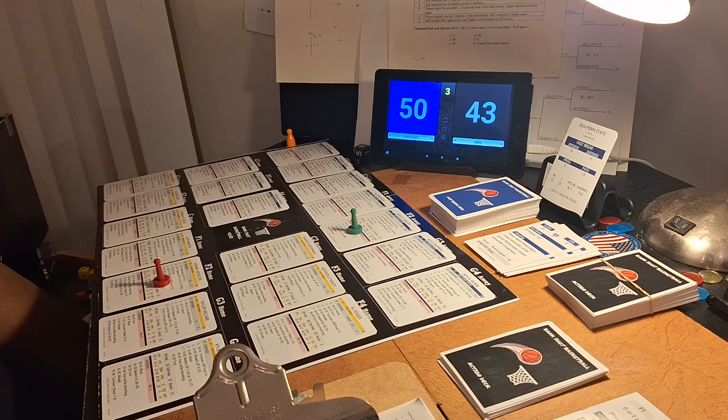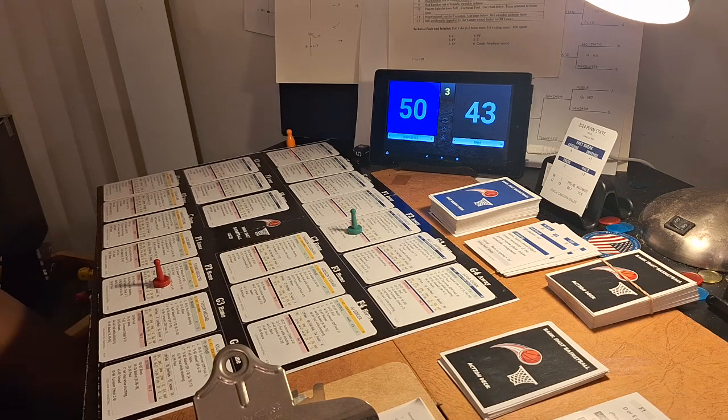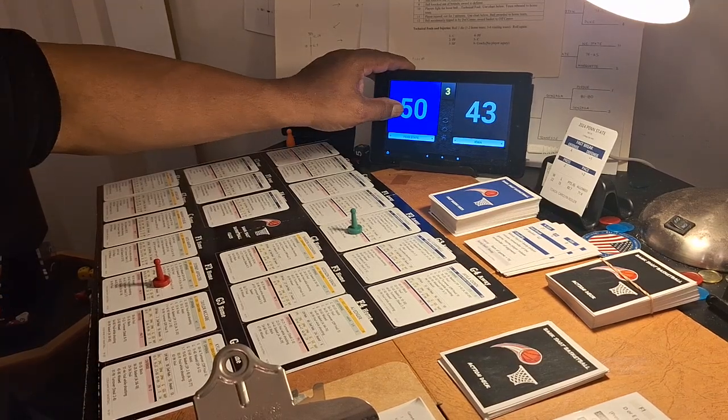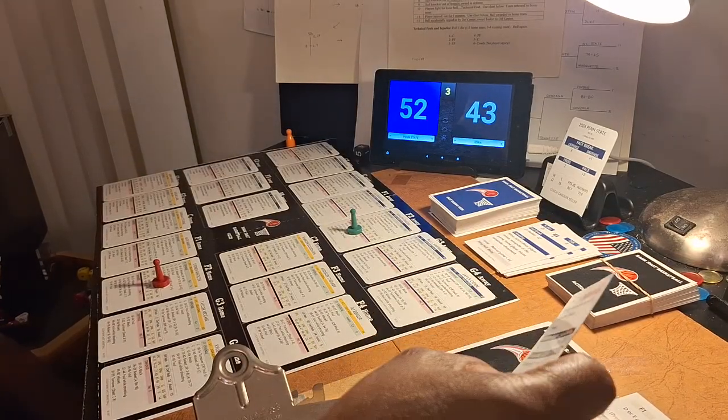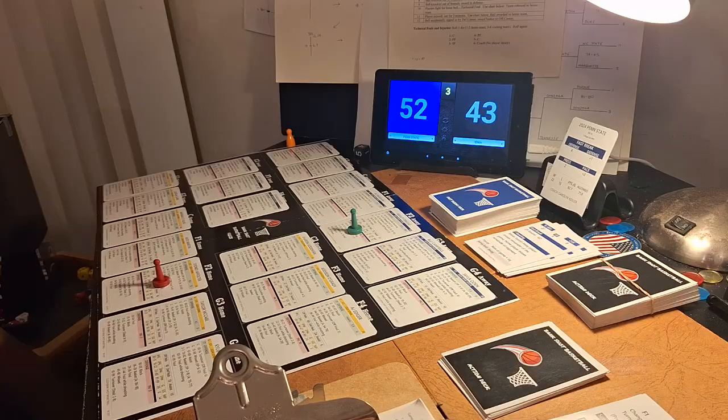That's a basket and an assist, but it is a 2-point basket though. So Ashley scores a 2-point basket with the assist. And flipping the card for the assists, and it's the G1. Point guard gets the assist there.